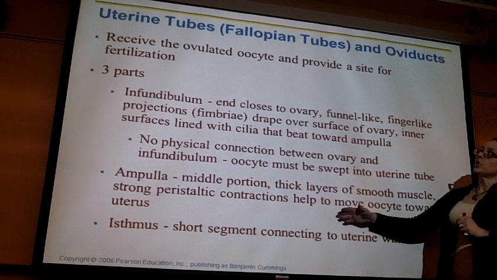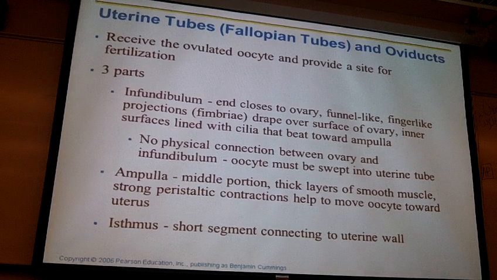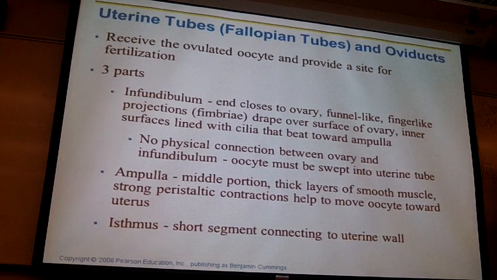When you look at the fallopian tubes, they have different parts to them. And just like the tubes in the male reproductive system, they're going to be lined with some kind of epithelia, and then most of the tube is just going to be layers of smooth muscle. So that tube can contract, and that can help to move the oocyte through it, and that can help to move the sperm through it as well. And that would be under sympathetic stimulation, just like in the male system.